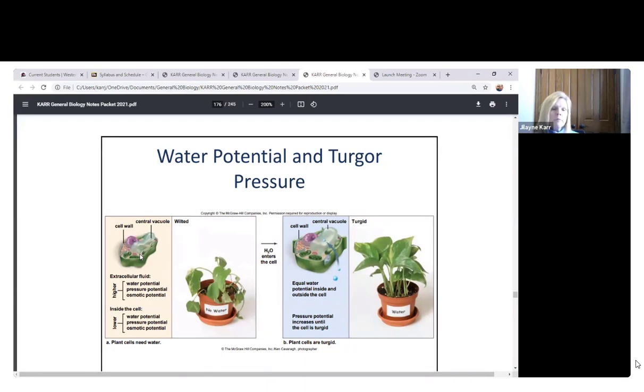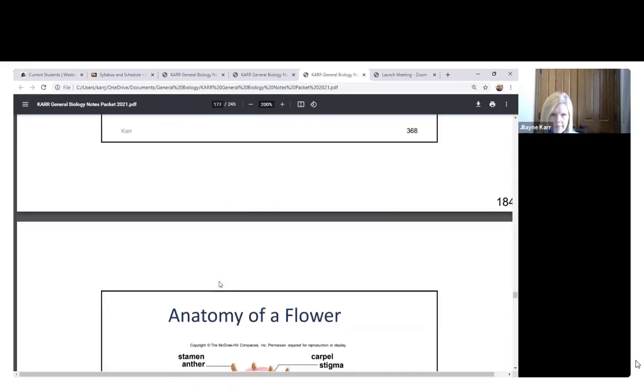So if you've ever left a plant too long where it no longer can be revived with water, that means all those cells have undergone plasmolysis, and you're not going to get those plant cells back, and it's time to buy a new plant. So we have general wilting. This is okay. You add some water, and a couple hours later, it looks like this. That's great. The central vacuole is full of water again. But if this goes on too long, we get plasmolysis, which will lead to death of the plant.